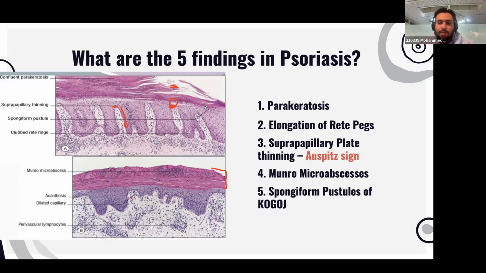These 5 important features of psoriasis. Number 1, parakeratosis, which means retained nuclei in the stratum corneum, elongation of the rete pegs, suprapapillary plate thinning, which makes it easier to have bleeding. And then you have Munro microabscesses, and then you have the spongiform pustules of Kogoj.